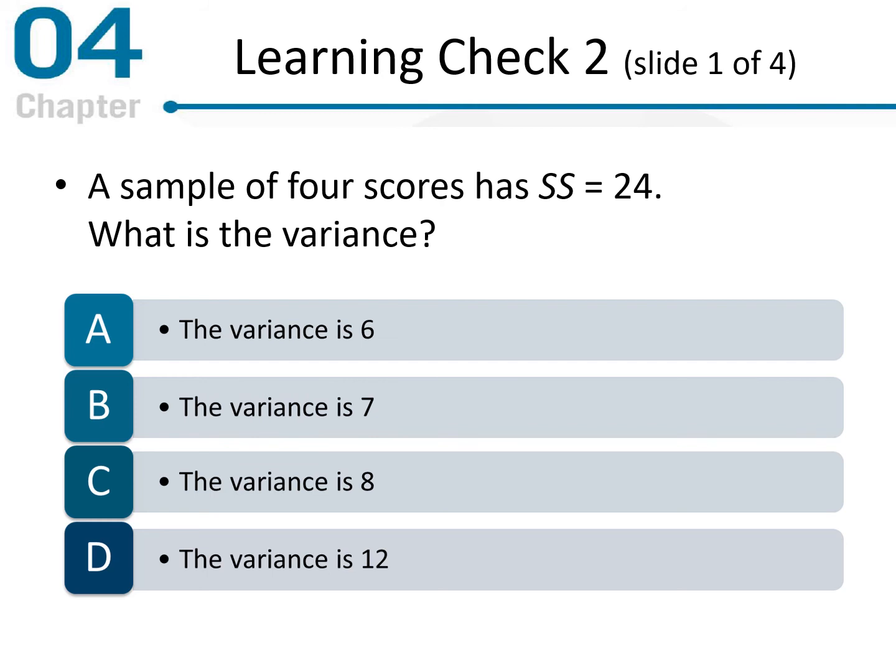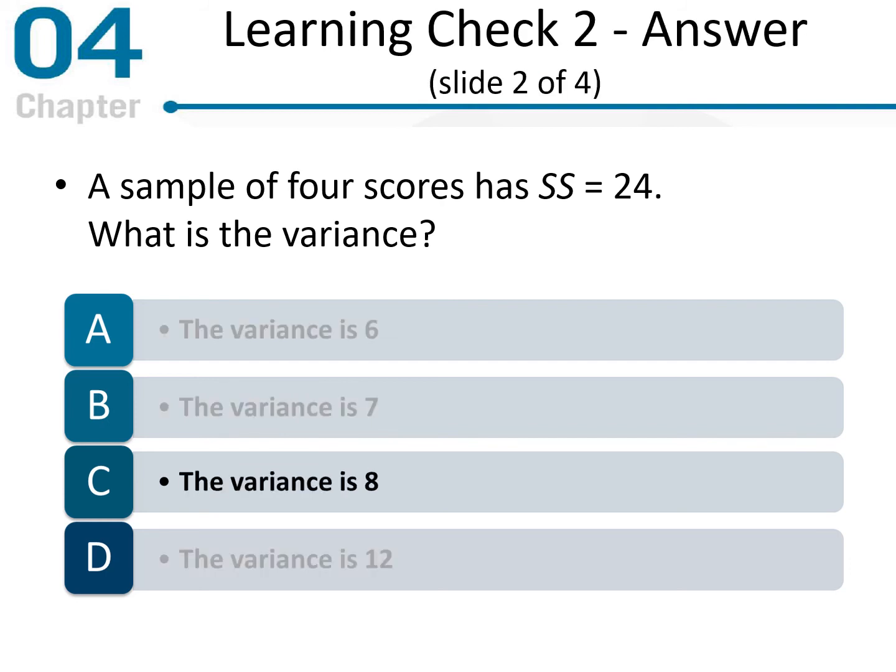Well, remember, we're using n minus 1 for the sample, so it's going to be 24 divided by n minus 1, which is 4 minus 1, which is 3. 24 divided by 3 gives you 8. If this was a population, we would use 4 in the denominator. But since this is a sample, I have to use 4 minus 1, or 3, in the denominator, so the answer is 8. So just remember, sample n minus 1, population n. But most of the time, we're dealing with samples.